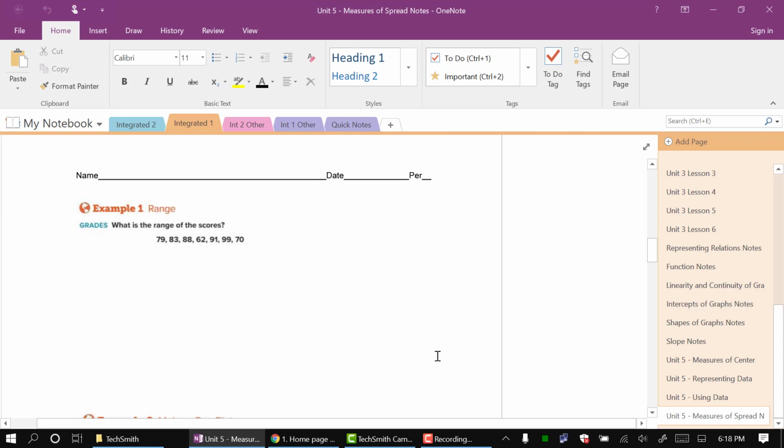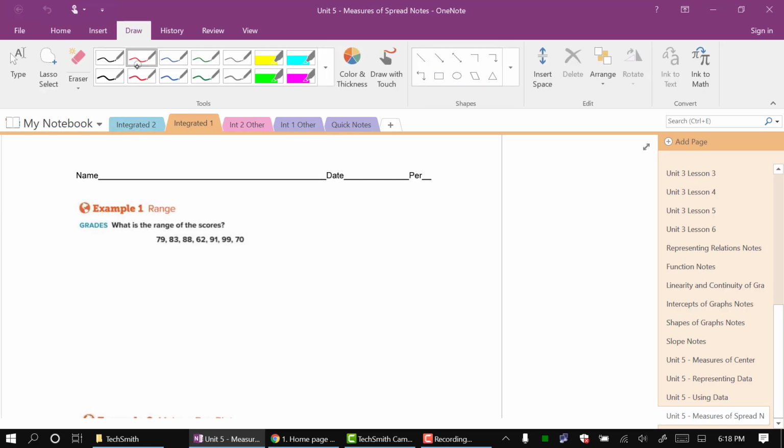What is the range of the score of data? What we're going to do is start off with putting this data in order from smallest to largest. So our smallest number is 62. Then we have 70, 79, 83, 88, 91, and 99.